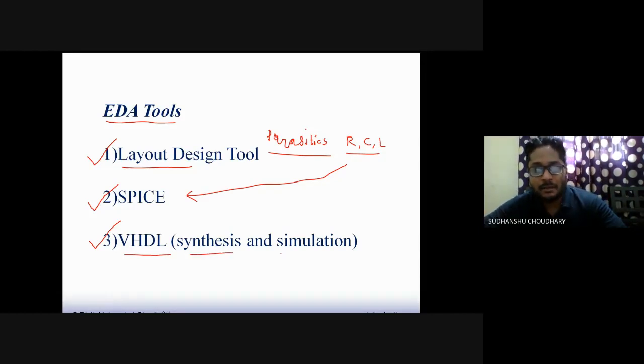You write the behavior of your function as code in VHDL or Verilog, and then you perform the synthesis of your code, and after synthesis is successfully completed, you perform the simulations. Right? So two things are required to be done here: synthesis and simulation. All these things you will learn in this course.